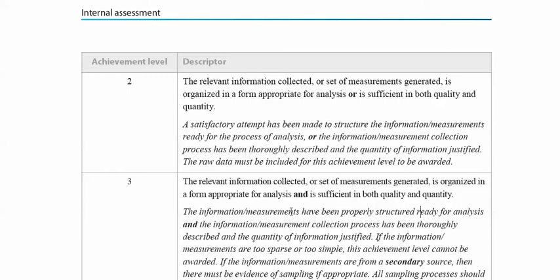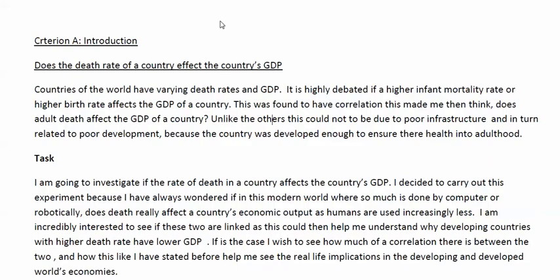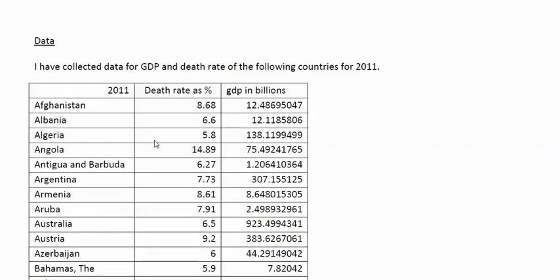Now, how to get the marks here? I'm going to give you 2 examples. Here's a bad example. This student has collected data regarding the death rate of the population and the GDP in billions, but it's done badly because first of all, there's no description of how the student collected the data.